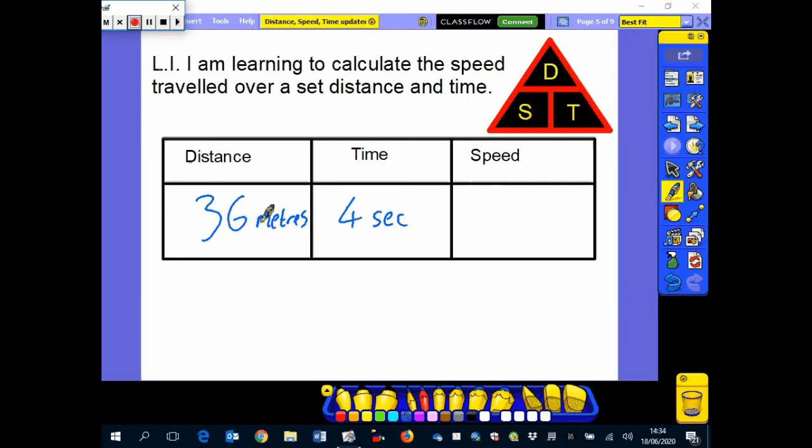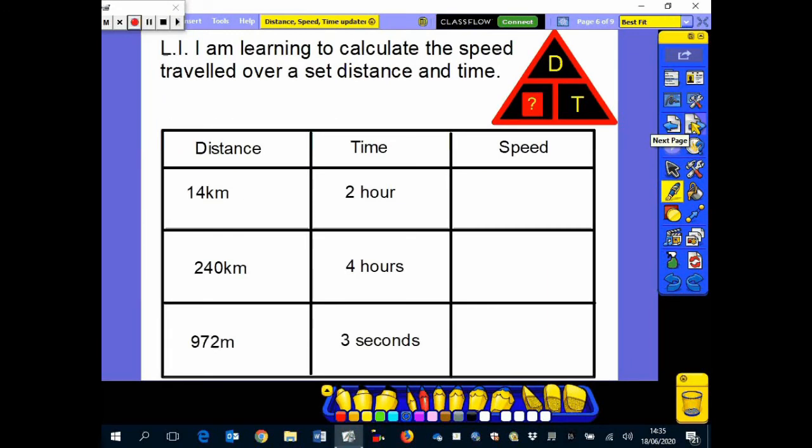So our distance is 36, and we're dividing it by the time, which is 4 seconds. 36 divided by 4, well, we can do our 4 times table until we get to 36, and we will get the answer 9. Therefore, we were going 9 metres per second in this example.